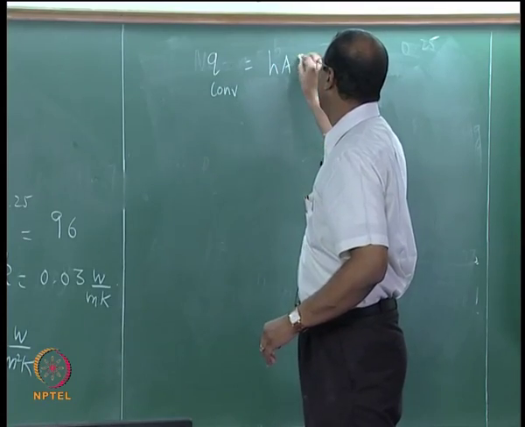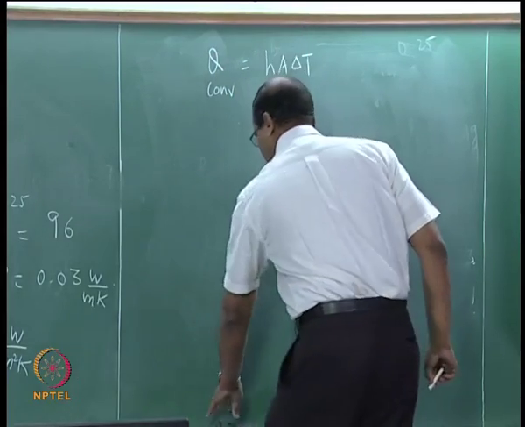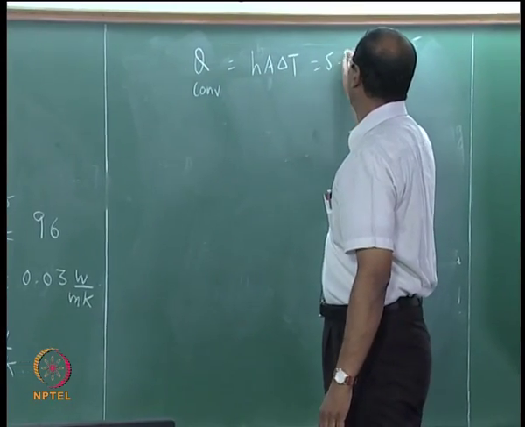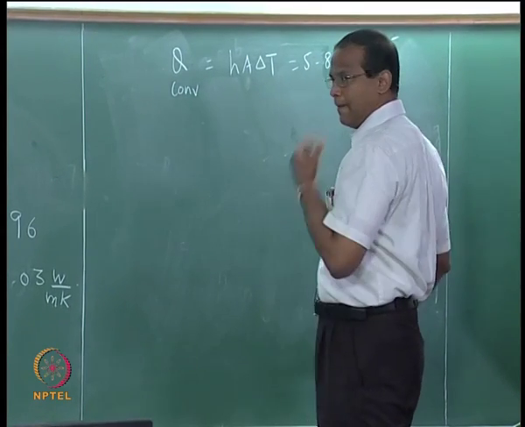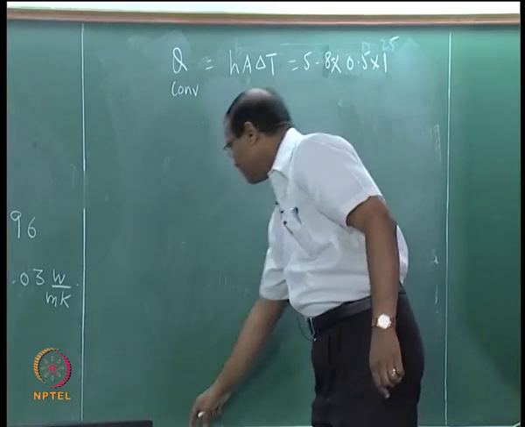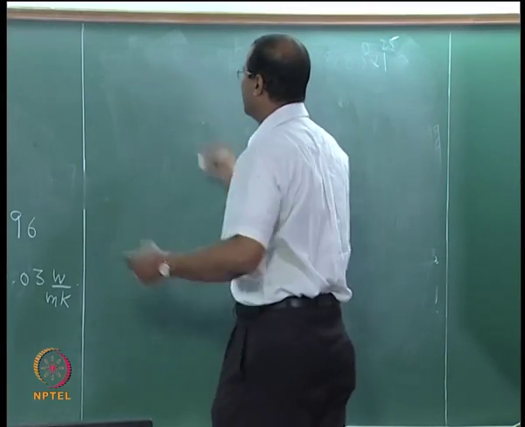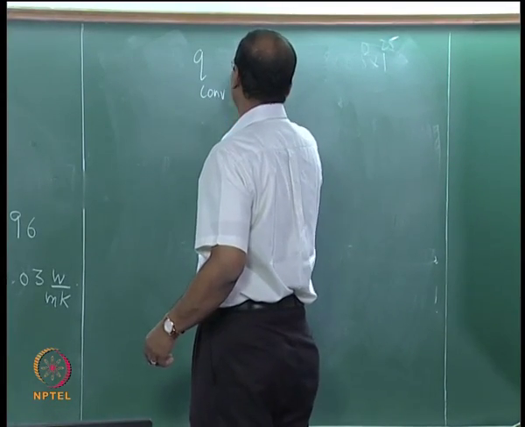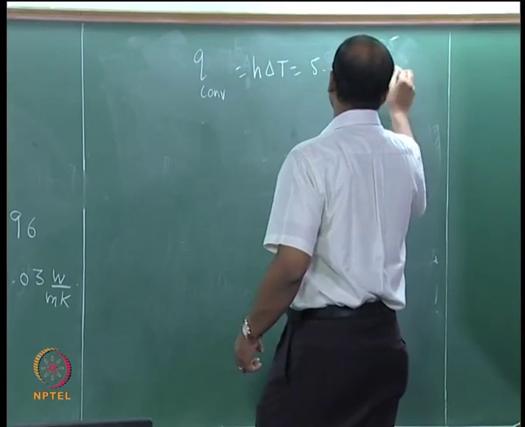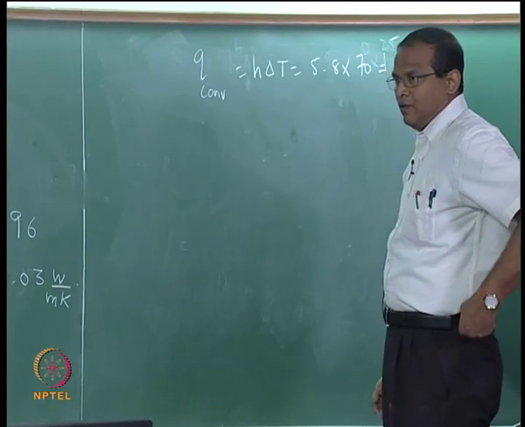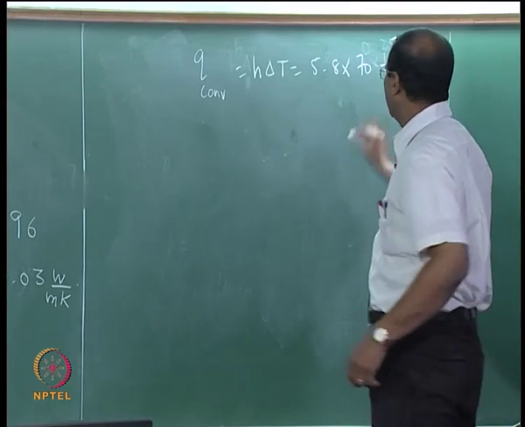So hA delta T, 5.8 into 0.5 into 1, right? The area is the same. Let us stick with the Q convection. How much is it? 406. Okay.